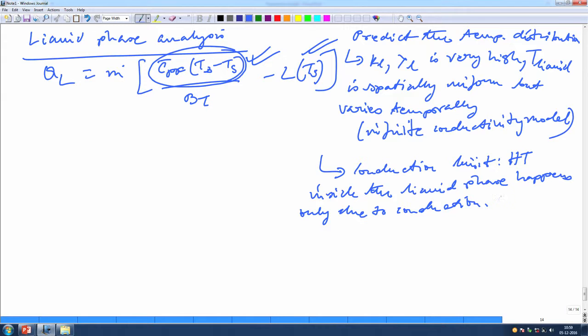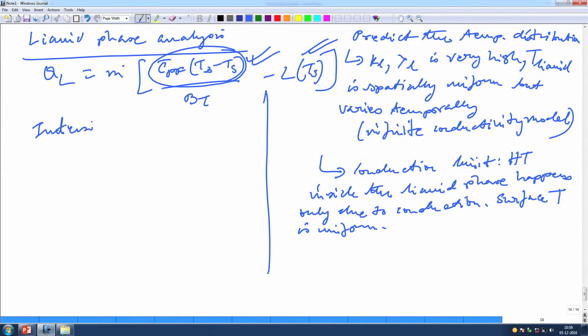And of course, the surface temperature is uniform. Is that clear? So, these were the two models that we already looked at earlier, the infinite conductivity model and the conduction limited model.